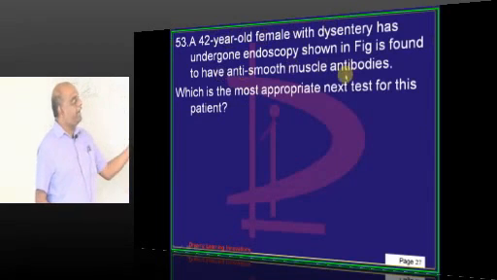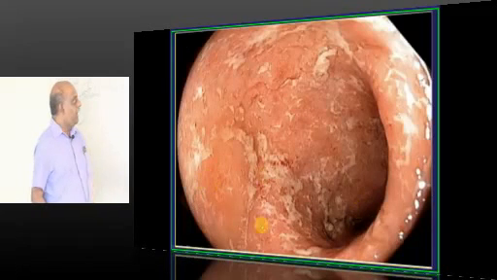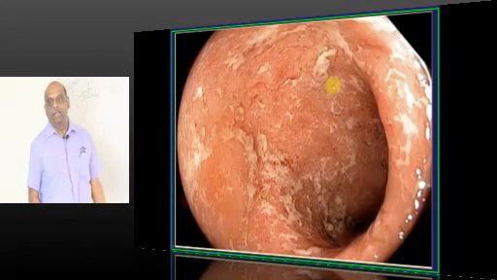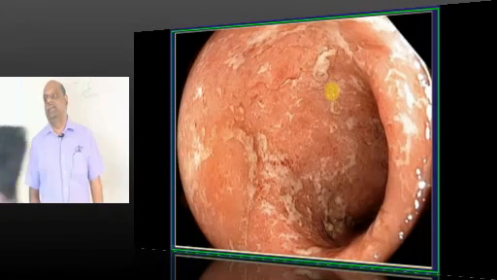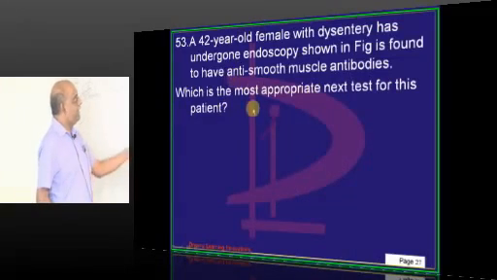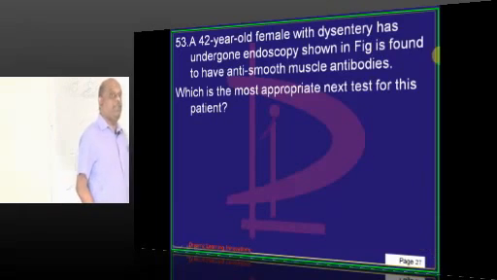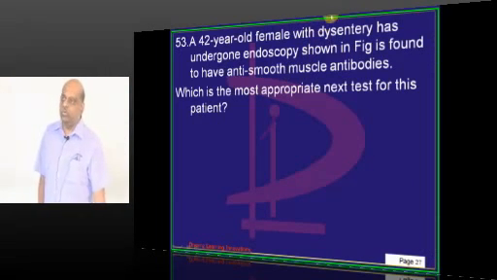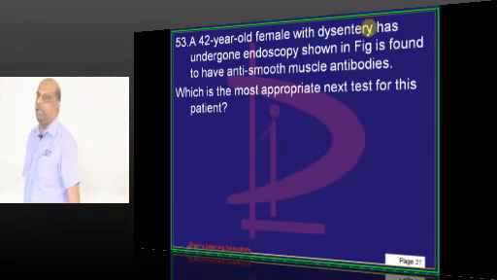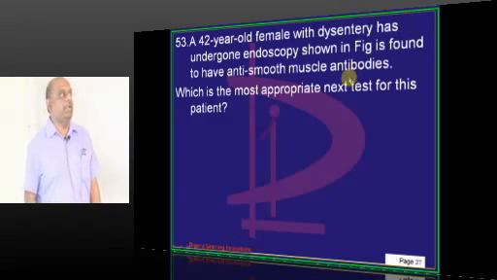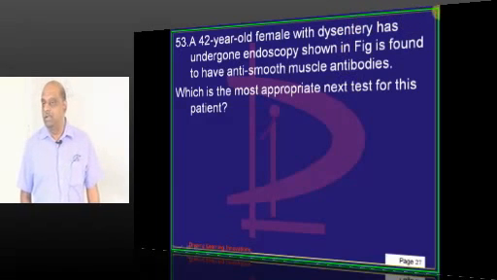A 42-year-old has dysentery, has undergone endoscopy, and what do you see on endoscopy? Ulcerative colitis is being found, and anti-smooth muscle antibodies are positive in that person. So anybody who has an inflammatory bowel disease in whom serologically you found anti-smooth muscle antibodies, what is the diagnosis that comes to your mind?